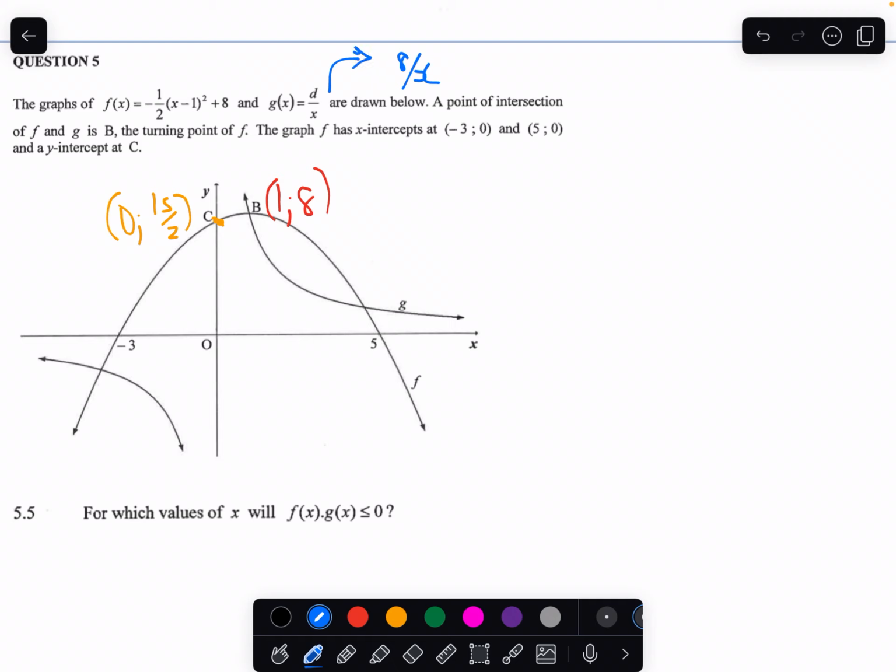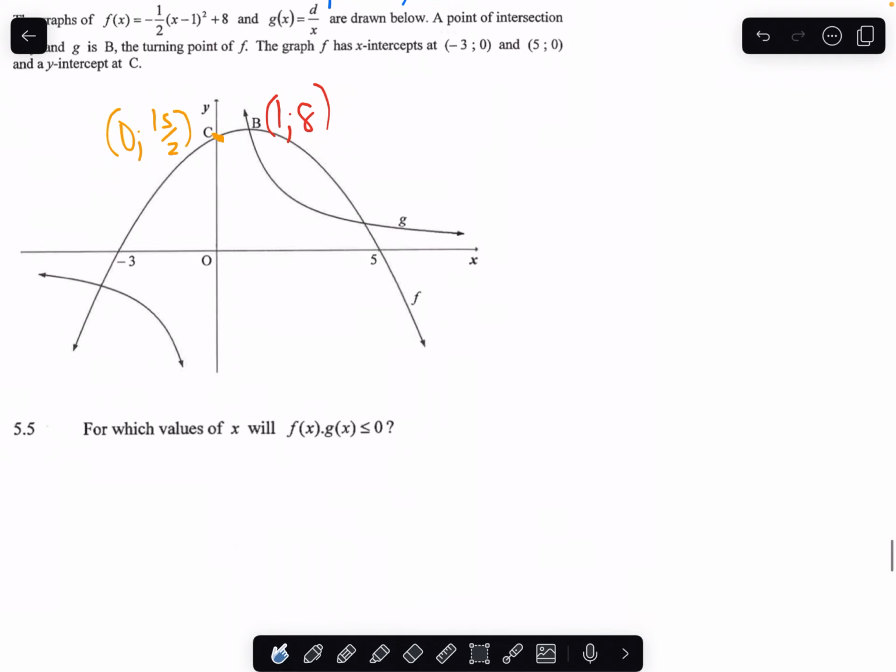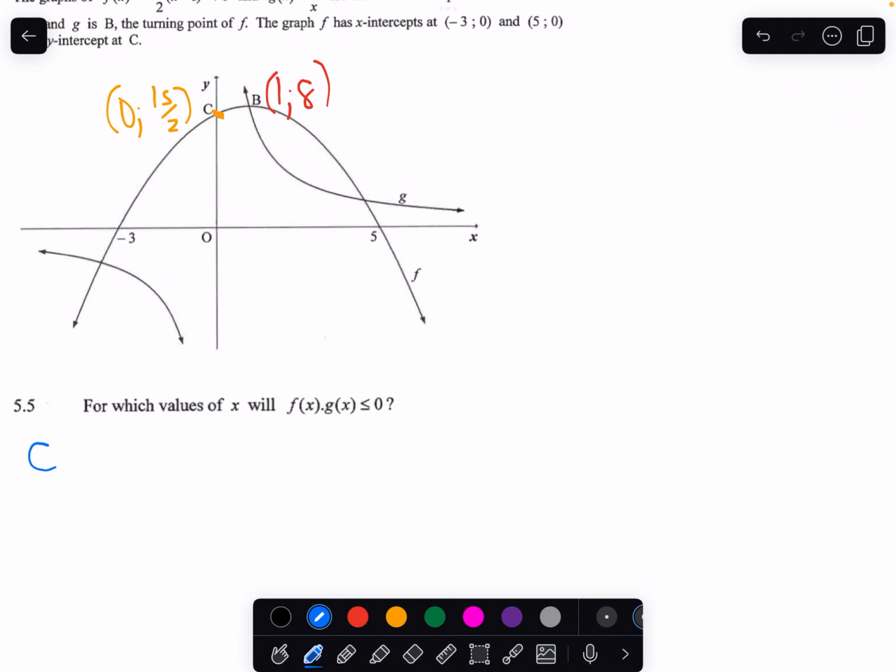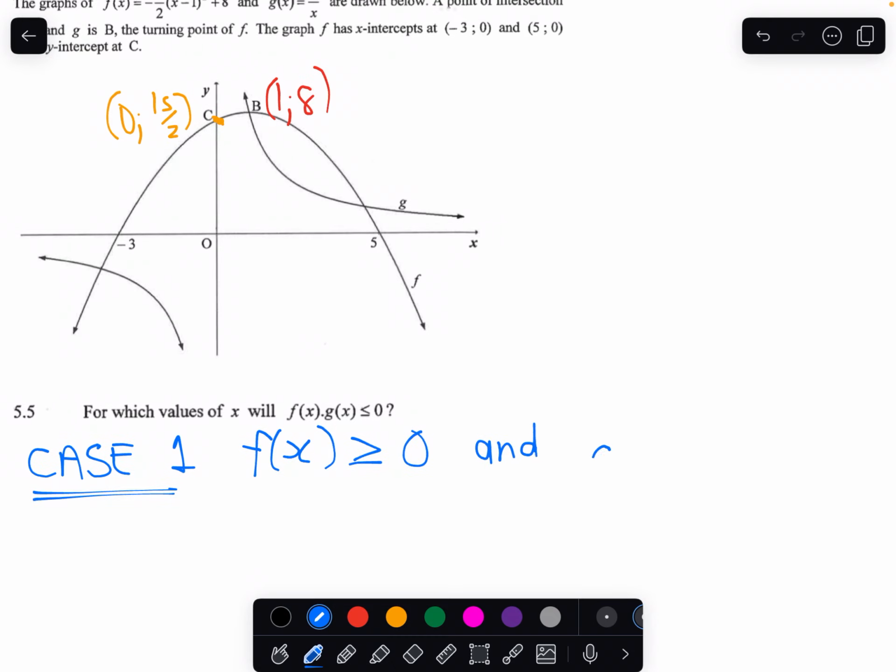Okay, cool. So the next question says, for which values of x will f of x times g of x be smaller than or equal to 0? So we're looking at two cases. We're looking at the case where f of x is greater than or equal to 0, and g of x is smaller than or equal to 0.